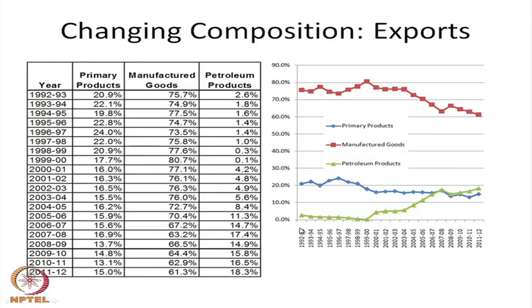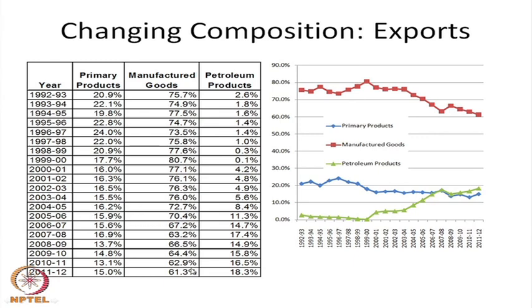If you look at the changing composition of export over the last 20 years, I have given you the export basket. If you see the diagram, there is a significant decline in primary product export. The primary product percentage of total export has declined from 21% to 15%. Manufacturing goods have increased. However, after 2004-5, there is a recession in the world market.